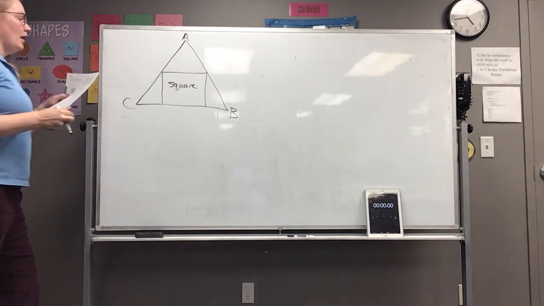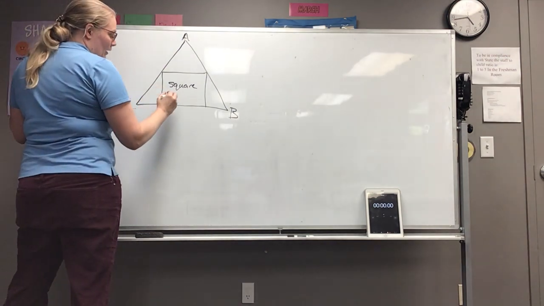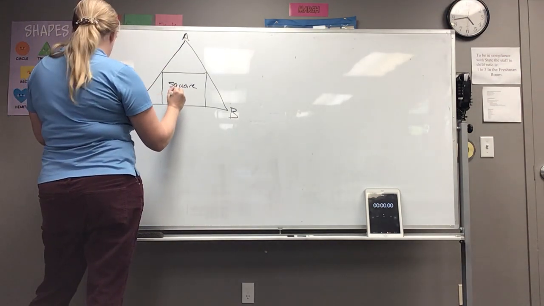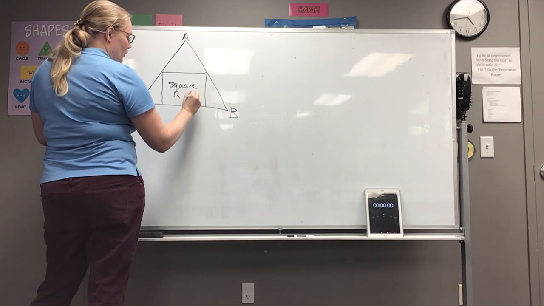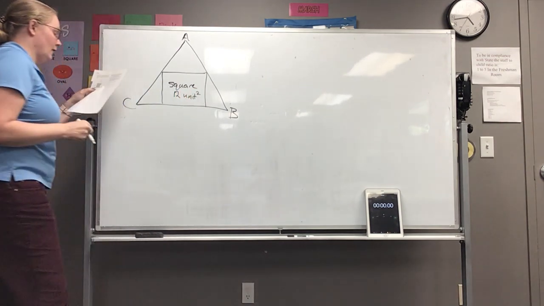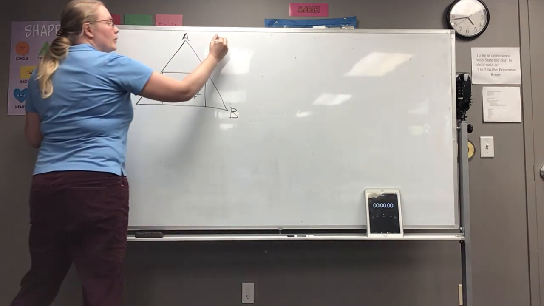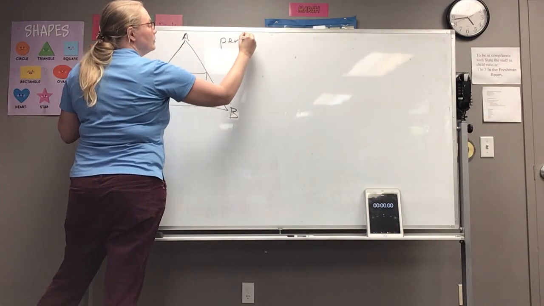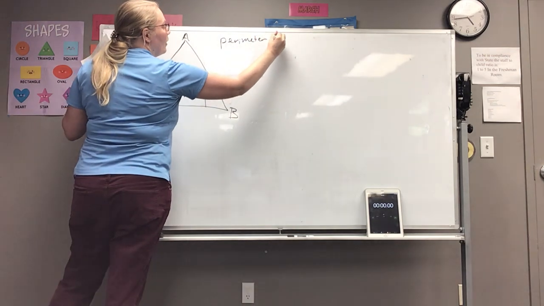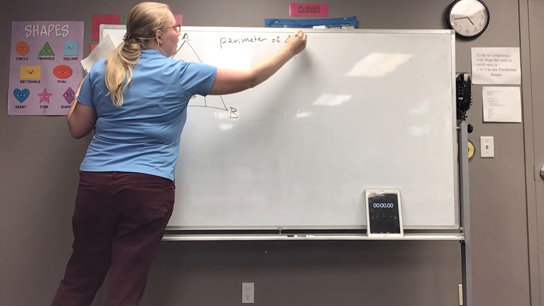And the area of this square is 12 units squared. And the question is, what is the perimeter of triangle ABC?